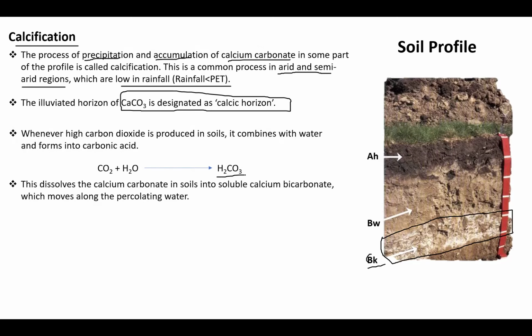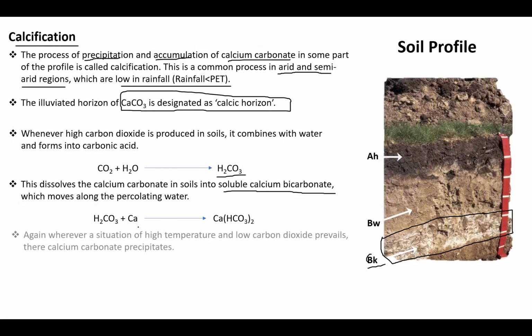Then this carbonic acid dissolves the calcium carbonate in the soil into soluble calcium bicarbonate. This calcium bicarbonate will be percolated downwards through water.